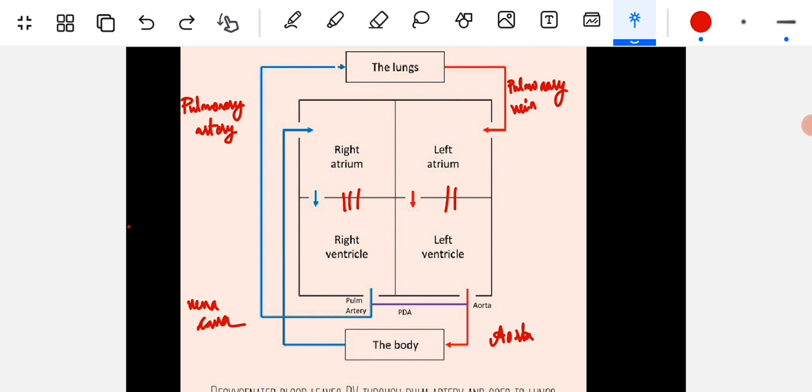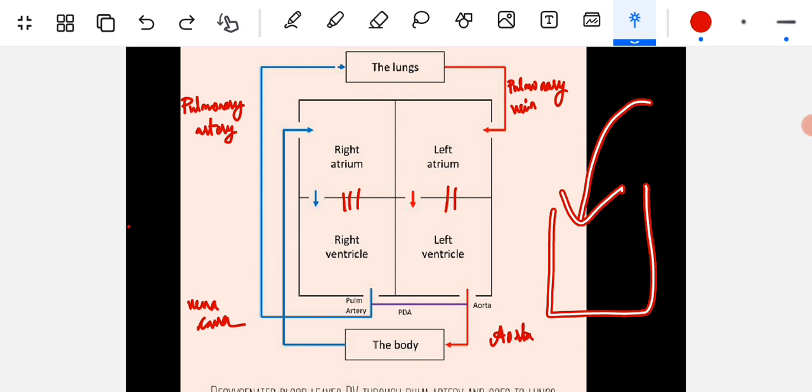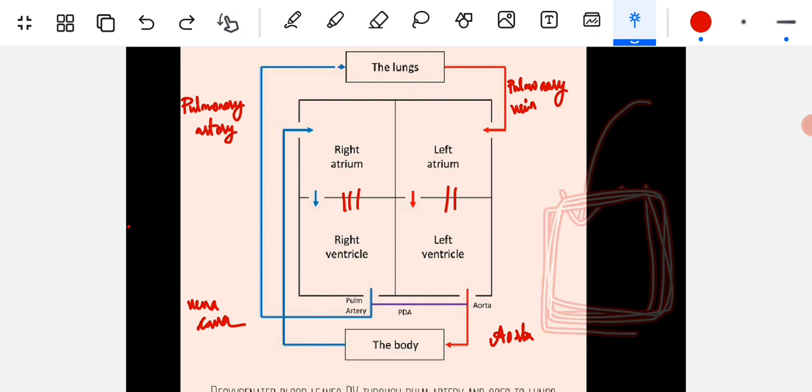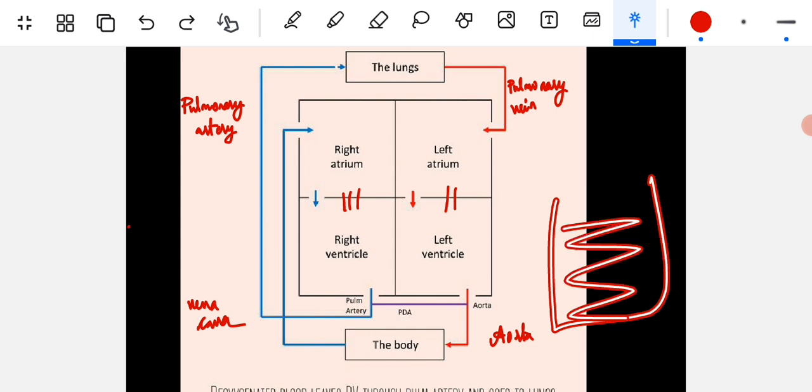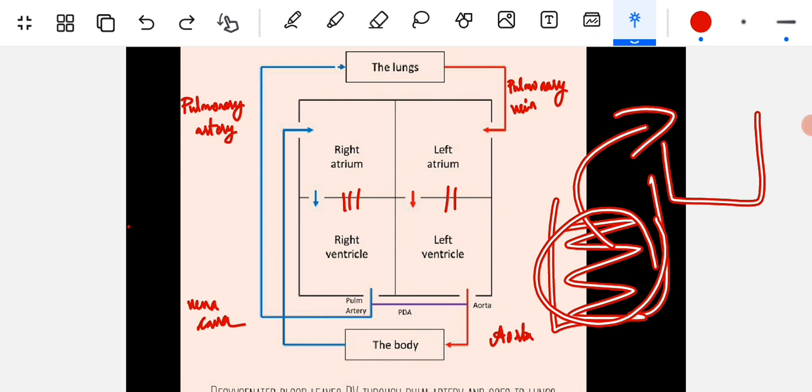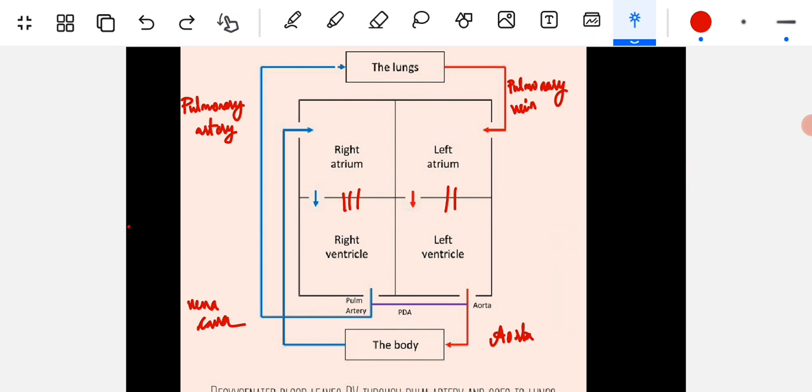So to prevent the backward flow, valves are very important between an atrium and a ventricle. Also, if the blood is coming into a chamber, then that chamber has to be in a relaxed state. If the blood is already in the chamber and has to be pumped to another chamber, then that chamber has to contract and the other chamber has to be in a relaxed state.